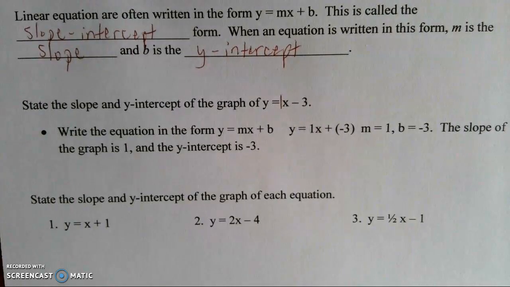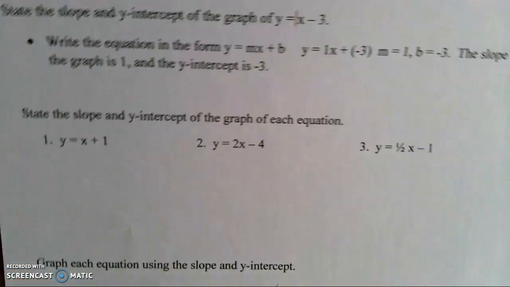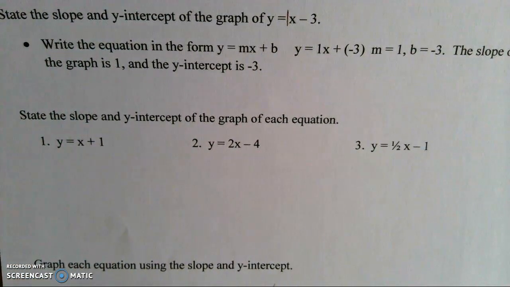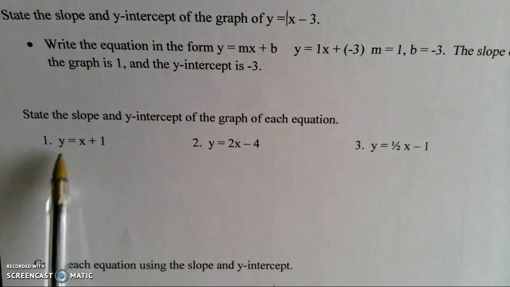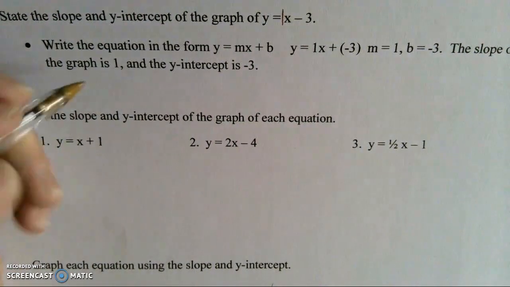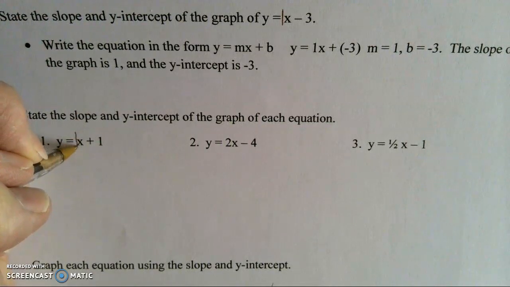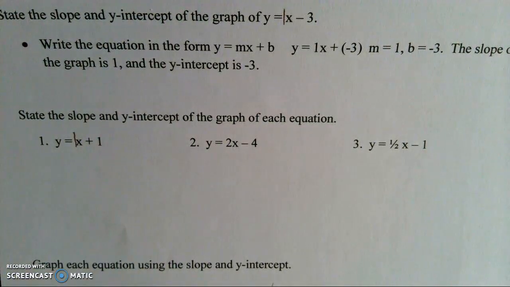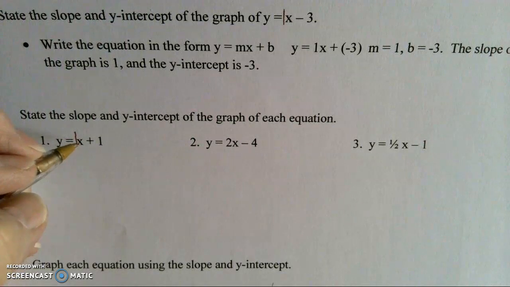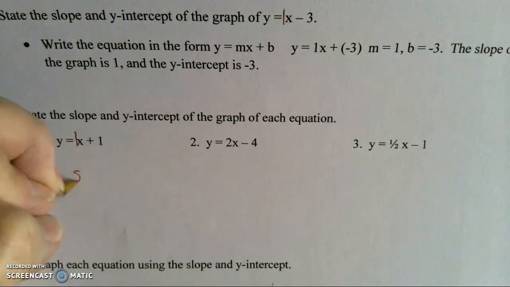So let's take a look at a couple of equations here and identify both the slope and the y-intercept. If I look at the first equation, it's already y equals x plus 1. Again, if there's not a number there, you can always put in a 1. So that 1 is equal to the slope.